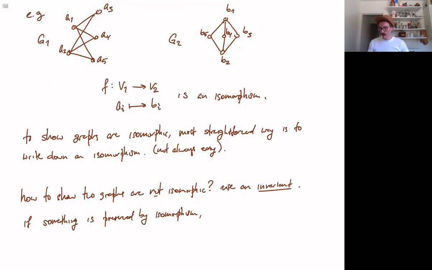So if you have something, some fact about your graph, that's preserved by an isomorphism and different for your two graphs, then they must not be isomorphic.